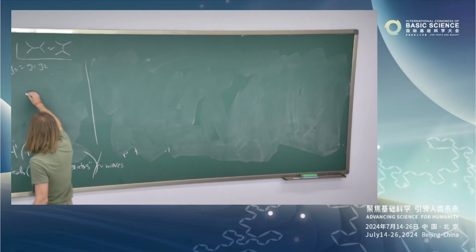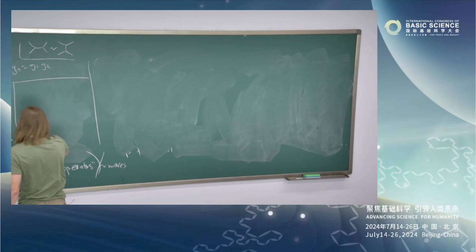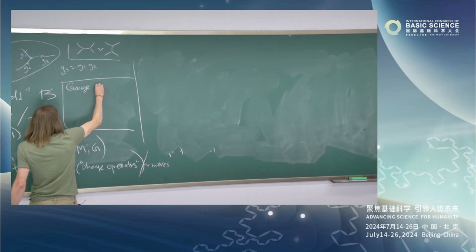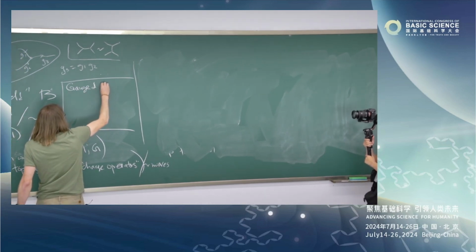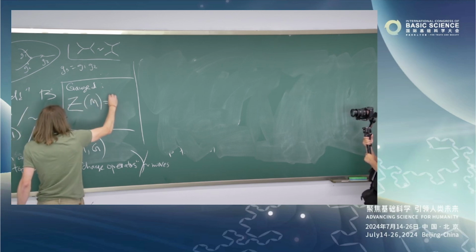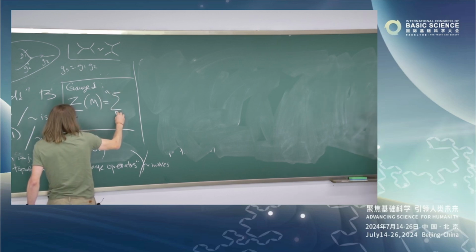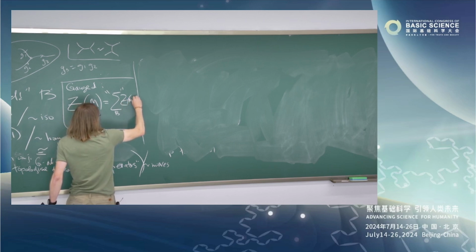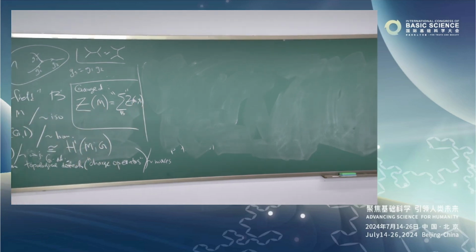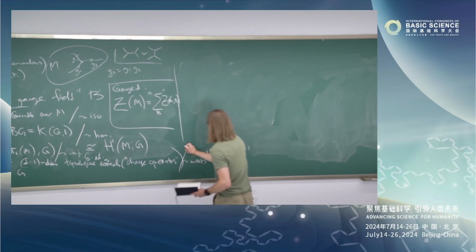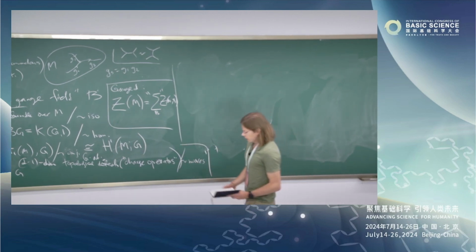Also, let me mention that this is for global symmetry, and we can consider gauge symmetry. The partition function on closed manifolds is given by a sum over all these choices of B. I put it in quotation marks because one has to define the structure; that's exactly what the sum means. There is some normalization, which is actually important.